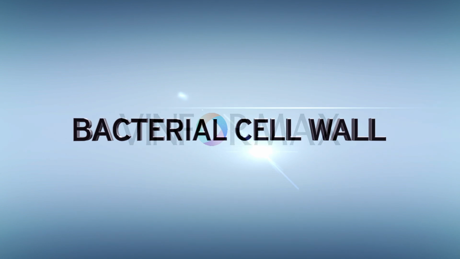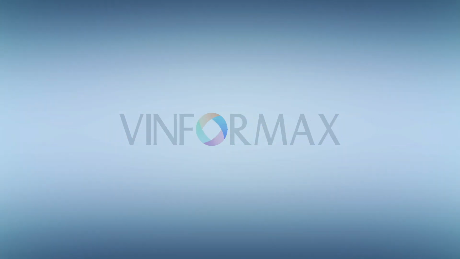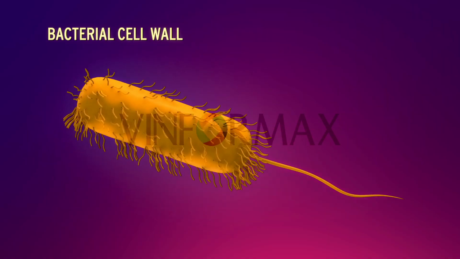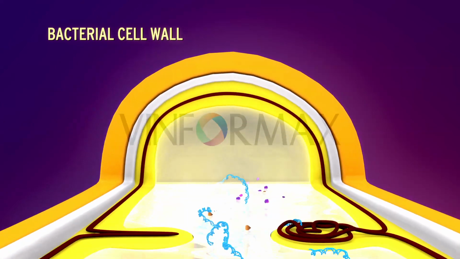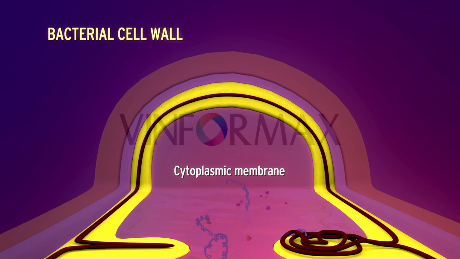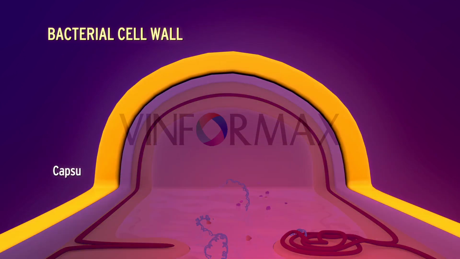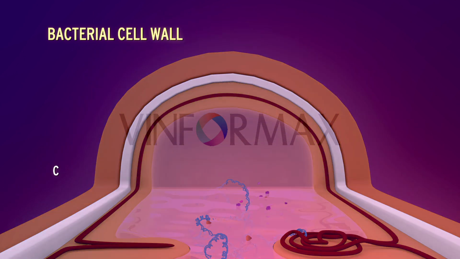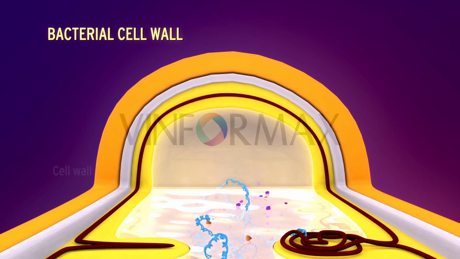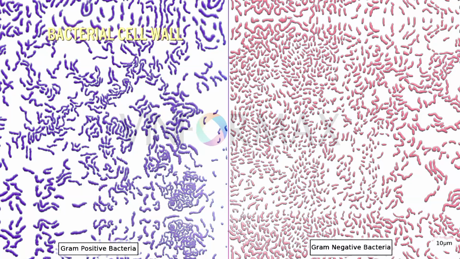Bacterial cell wall. The layers of cell envelope lying between the cytoplasmic membrane and the capsule are referred to collectively as cell wall. Bacteria can be classified into two types based on the retention of primary dye in gram stain.